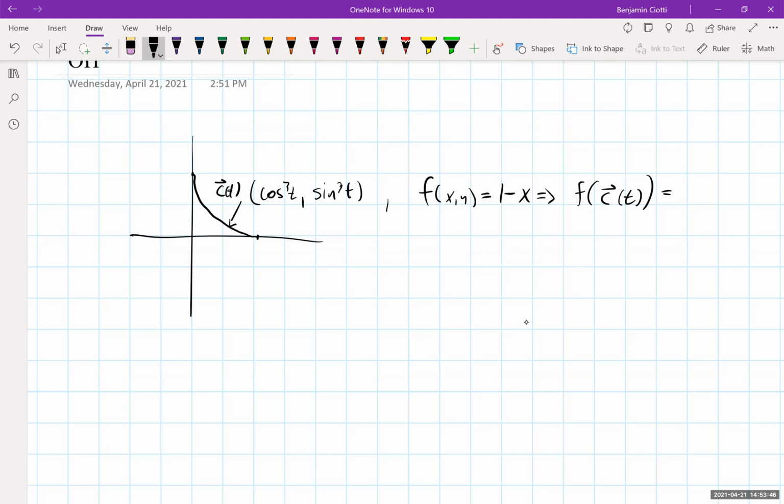So that's C of t. A reparameterization. I haven't worked this out beforehand, so I don't know how this is going to come out. How about if I just made one of the coordinates equal to t?